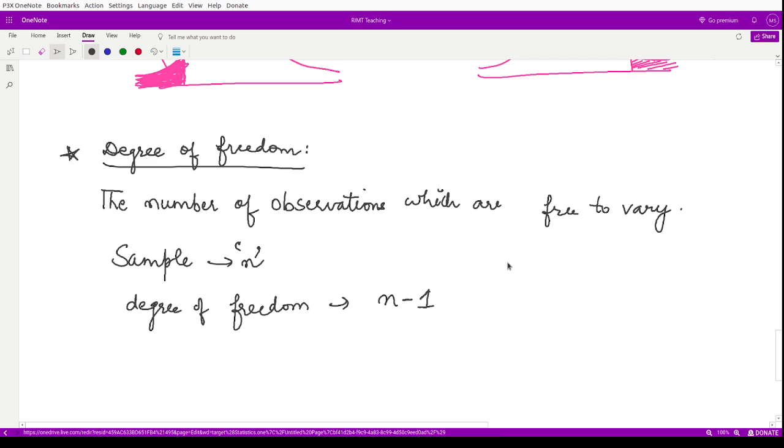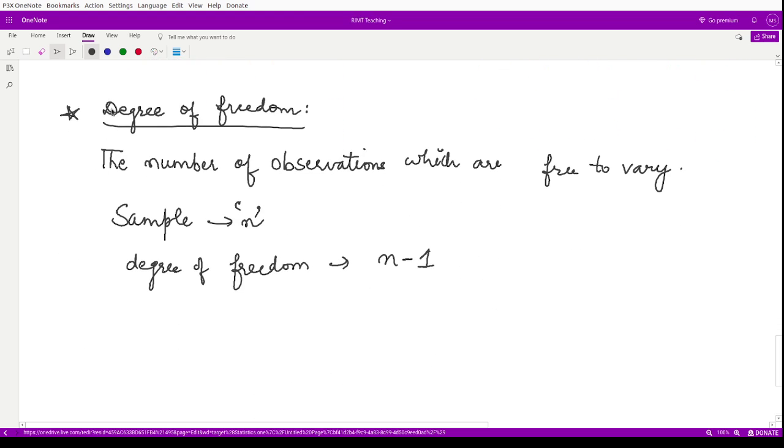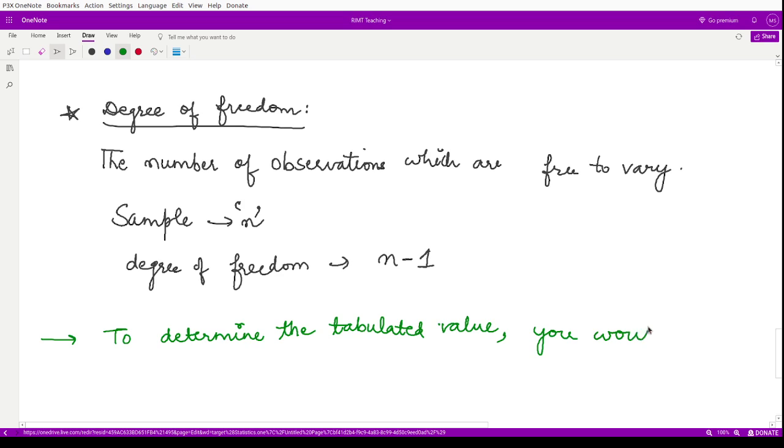So basically to calculate what is this line in the critical region, you would require two things. So let me write down, to determine the tabulated value in most of the tests, you would require two things.